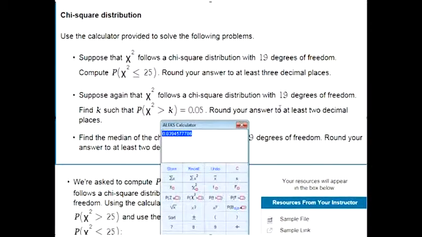And then once again, the second part of this, suppose chi-square, et cetera, with 19 degrees of freedom. Find the k such that the probability that chi-square is greater than k is equal to 0.05.